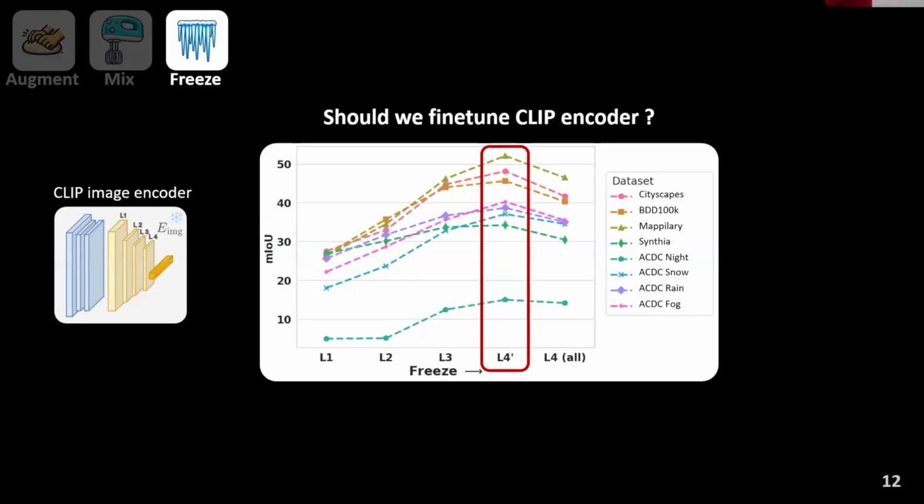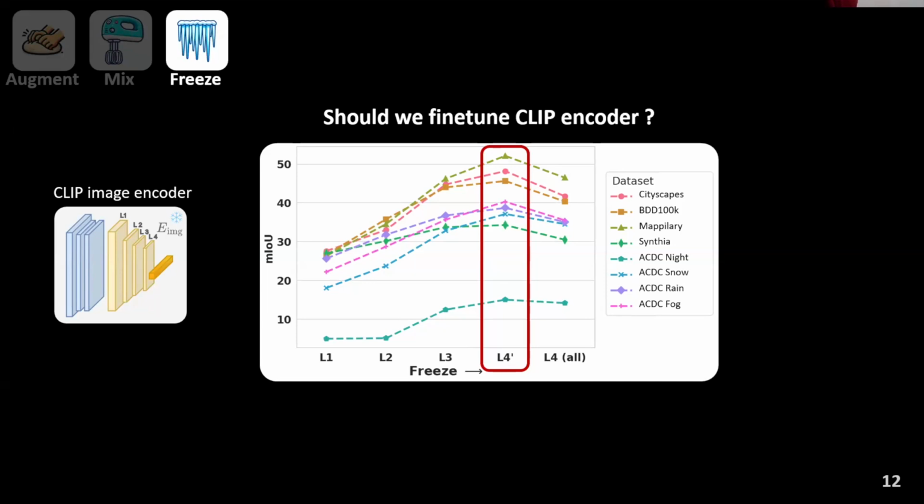And finally, the third ingredient of our method, Famix, is to partially freeze the CLIP image encoder. Here, what we show experimentally is that instead of optimizing or fine-tuning the full image encoder, we should simply fine-tune only the last layer of the last block of the image encoder, which is this L4 prime value here.